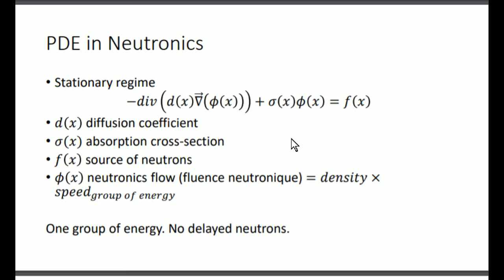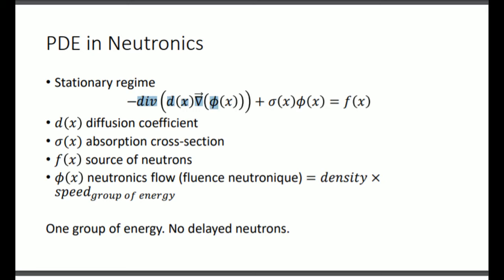So we will start with a one-dimensional, single group of energy diffusion equation without delayed neutrons. Here we have a term that you might be familiar with, a term that resembles a diffusion law, with a diffusion coefficient and a gradient of a quantity.